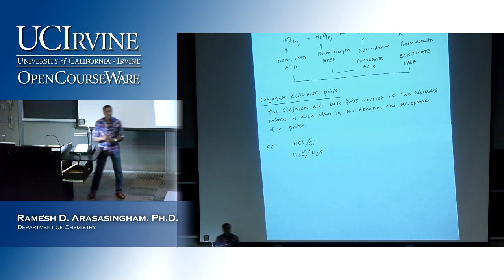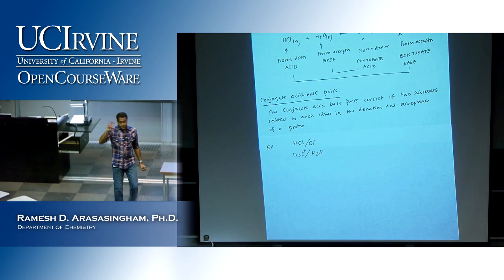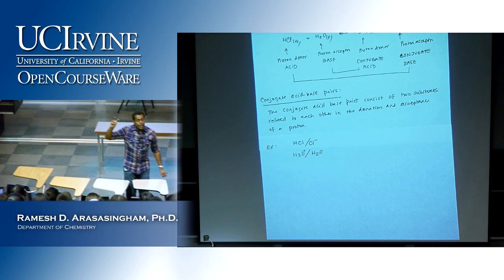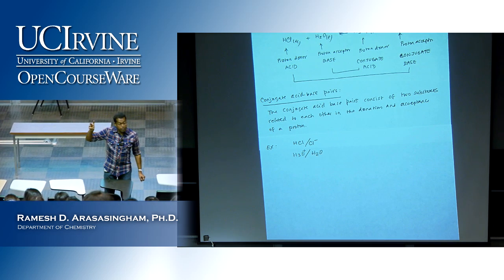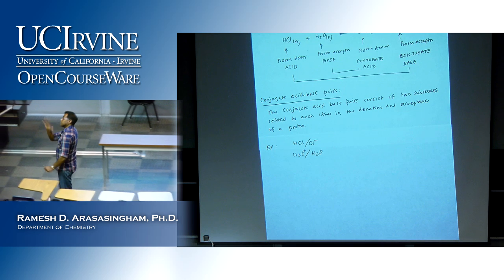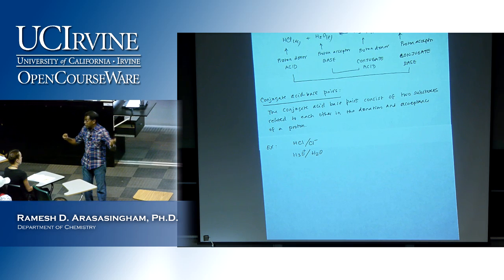So the word conjugate, these are pairs, and I would liken them to a married couple. They always come as pairs, husband and wife. Now, if we're talking about the husband, what do we call the wife? The spouse. So if we're considering the husband, then the wife would be the spouse. If we're not interested in the husband, we're talking about the wife, then the husband is the spouse of that wife. Do you understand that?